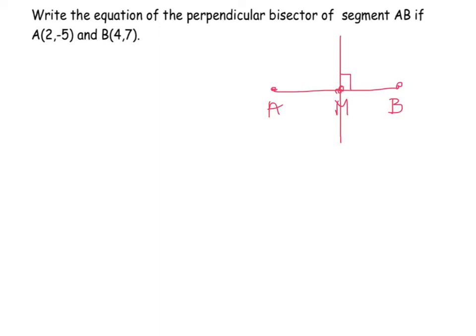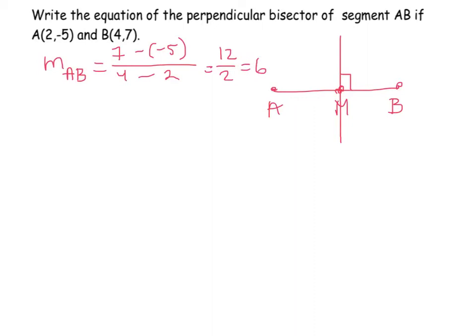So to find the perpendicular bisector of segment AB, we have to take several steps. Step number 1, we have to find the slope of segment AB. To find the slope, we have a formula which is y2 minus y1 over x2 minus x1. So it's 7 minus -5 over 4 minus 2, which is 12 over 2, or 6.